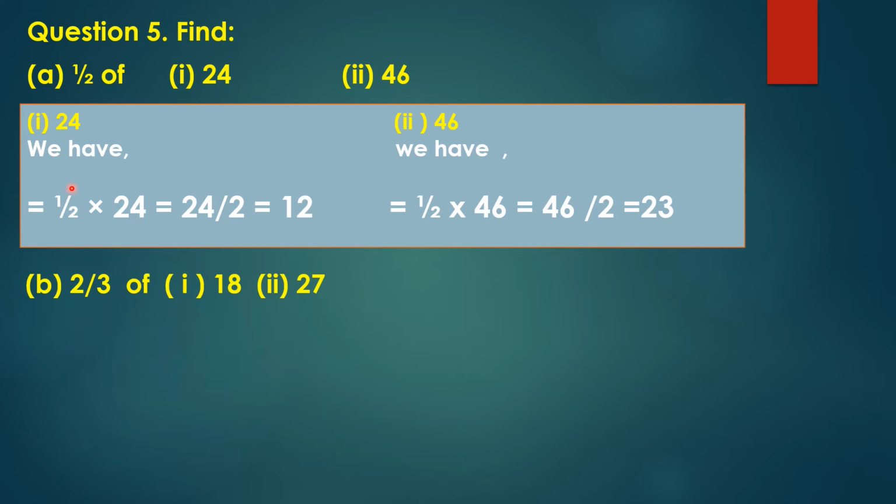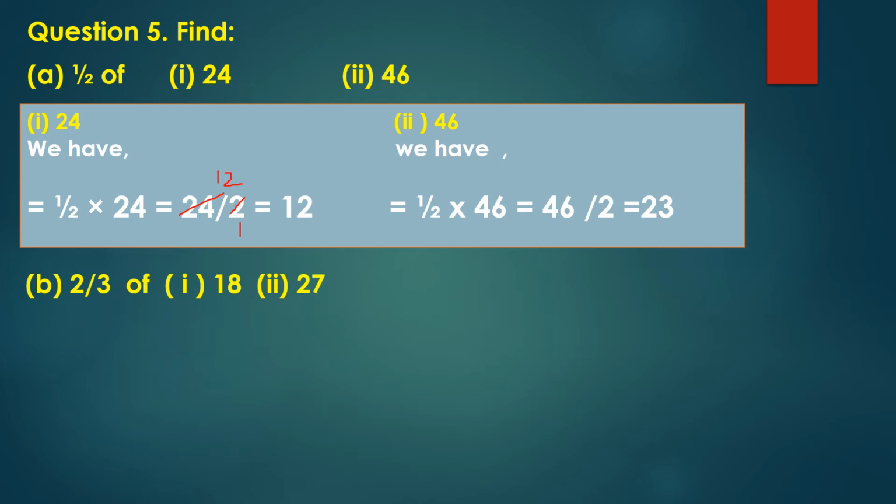So 1 by 2 of 24 is nothing but 1 by 2 into 24, which is equal to 24 divided by 2. Now 2 ones are 2 and 2 12s are 24. Therefore 12 is the answer for question number 1 under A.